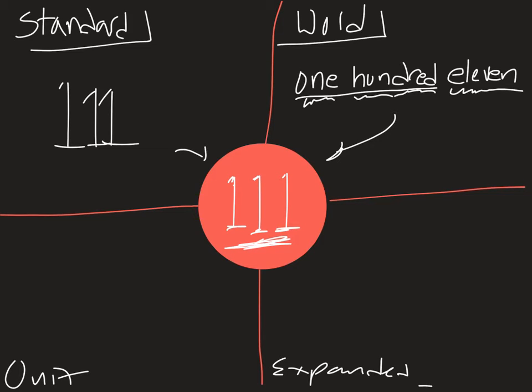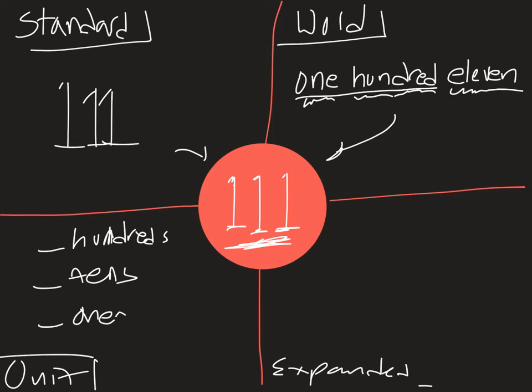Unit form is what we did last week, where we broke things into their components from the place value chart. So this number has some number of hundreds, some number of tens, and some number of ones.